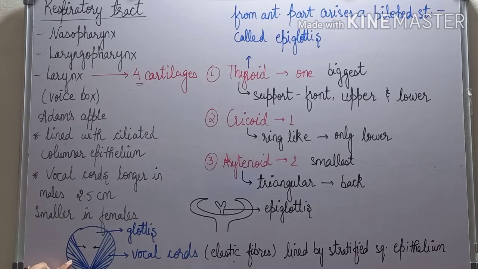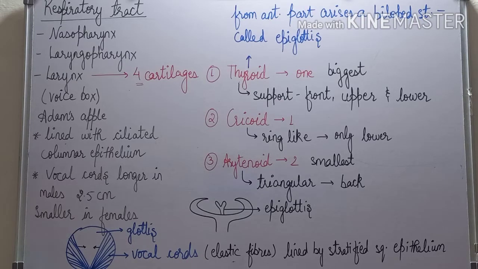Now these vocal cords in males are longer, and how much is it? It is 2.5 centimeters in length, whereas in females it is smaller. Due to the presence of longer vocal cords, males have a heavy voice.